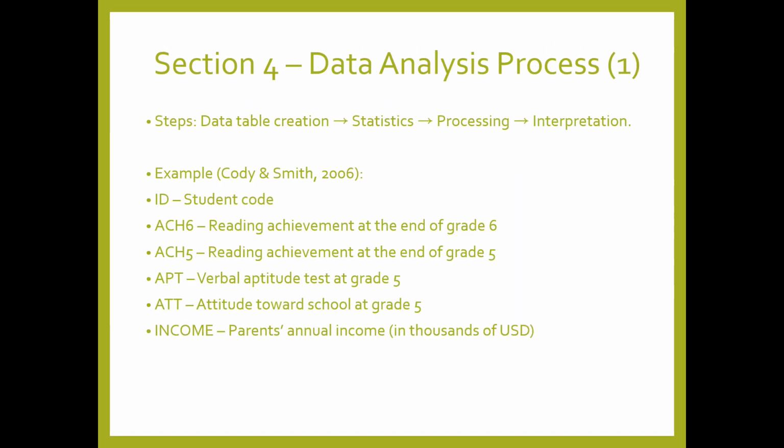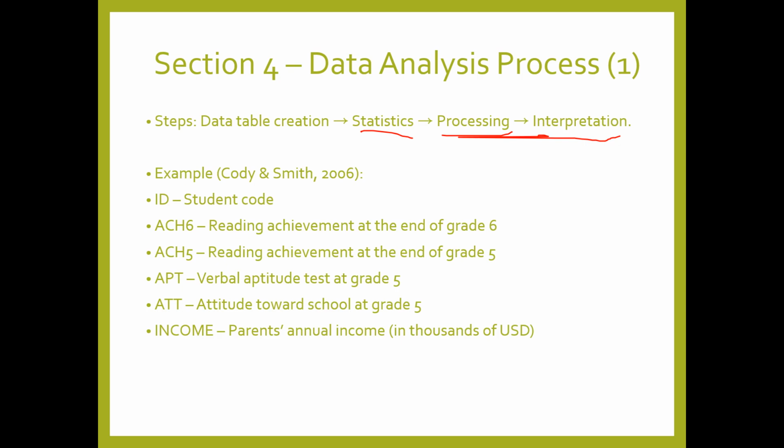Okay, and on section 4, this is an example about the data analysis process. Normally they have 4 steps. Okay, first one, data table creation, and stats, processing, interpretation. Okay, I use my book example.